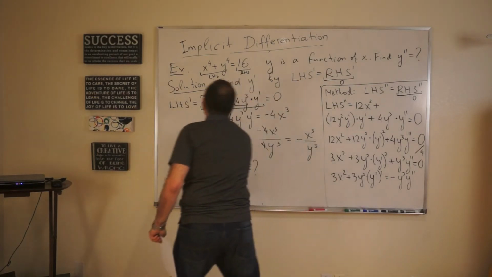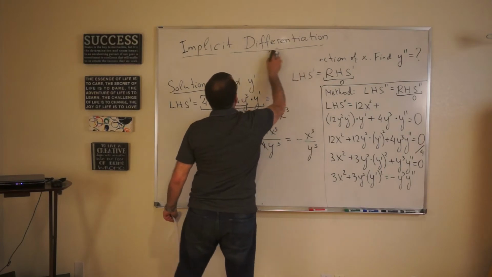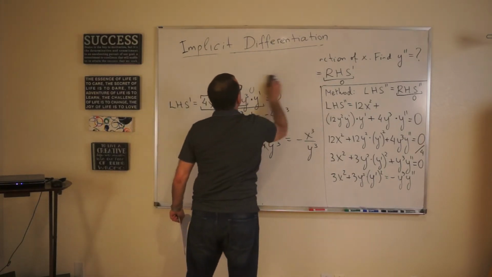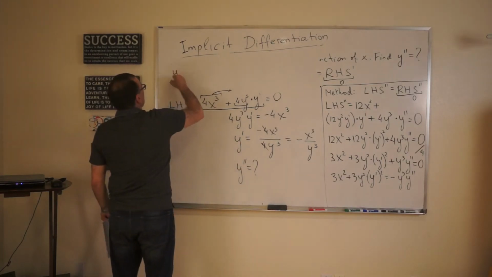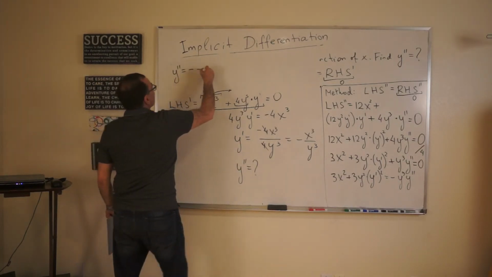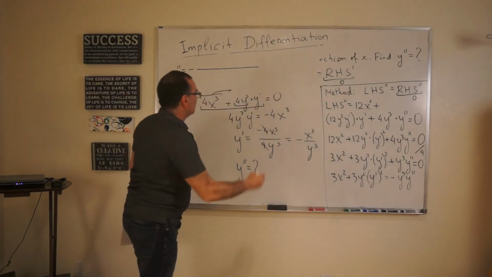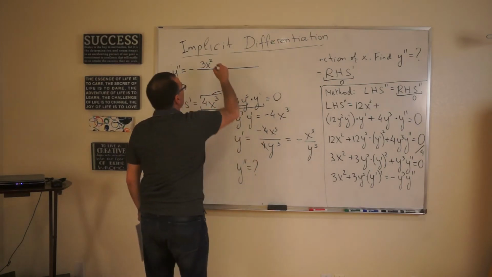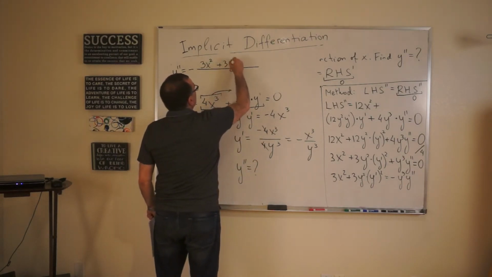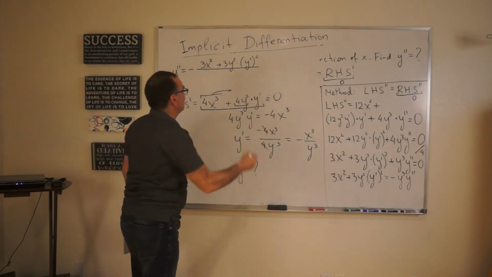So y double prime equals negative all of this divided by y cubed. So 3x squared plus 3y squared times y prime squared, and all of that divided by y cubed.